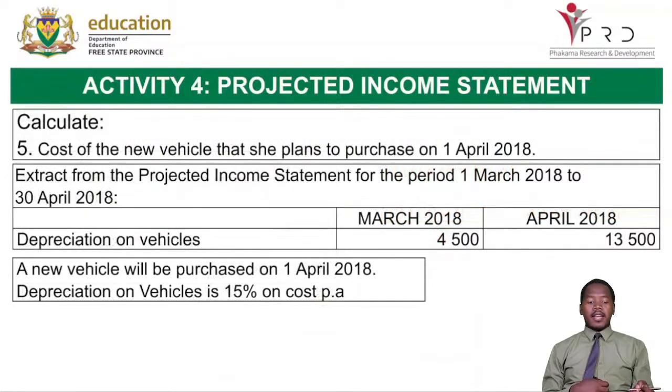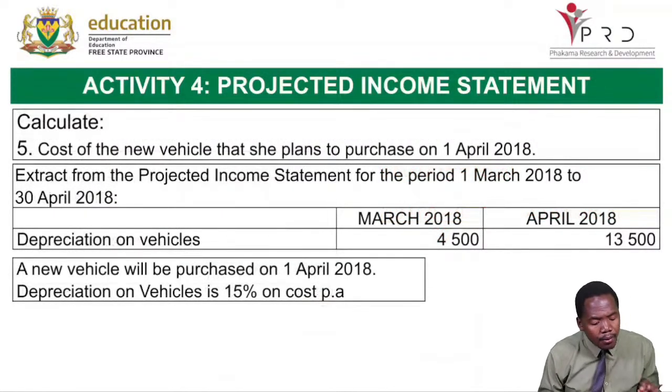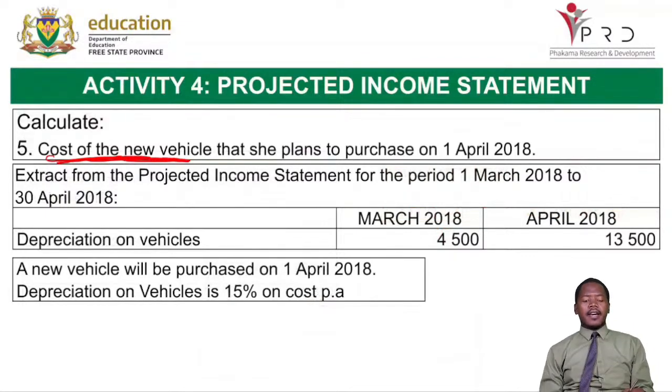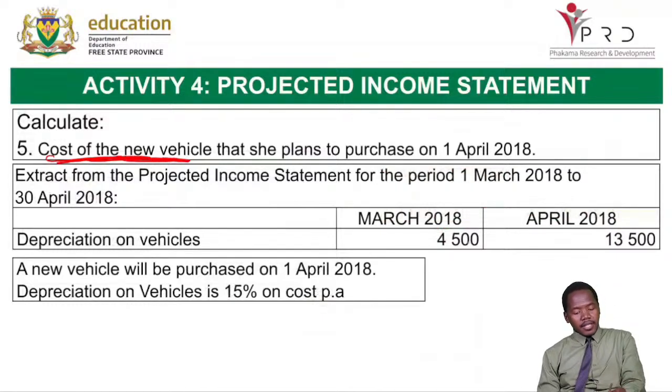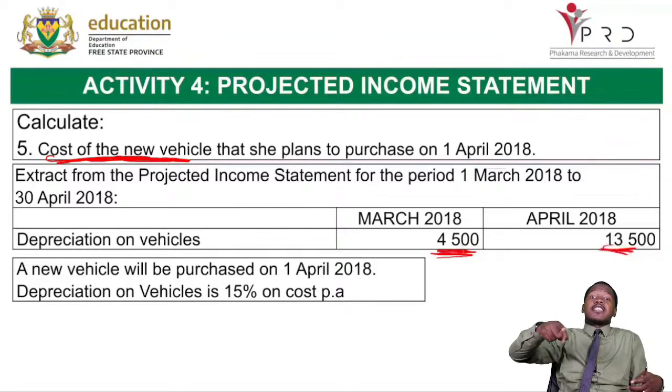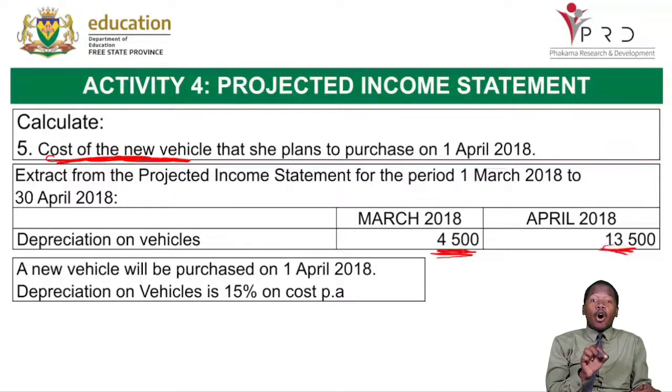Let us look at this one now. It says calculate the cost of the new vehicle that she plans to purchase on 1 April 2018. Now, this is the depreciation. So we have two depreciations here. Remember, if your depreciation is going up, it means that you may have bought additional assets.